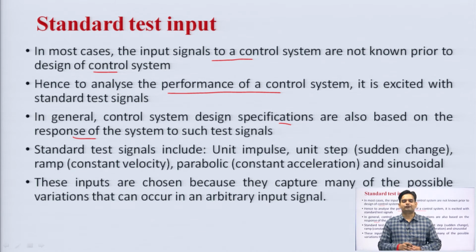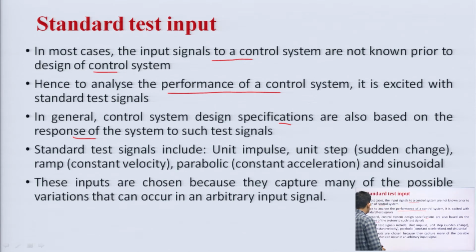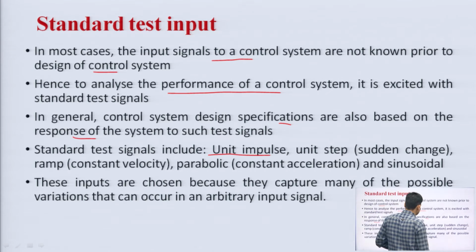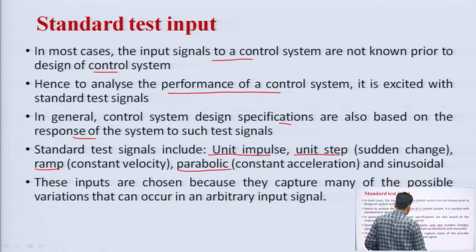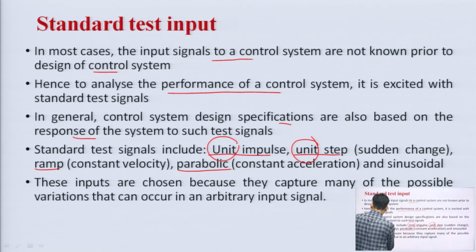For that purpose, we need to apply certain standard test inputs, okay, which will check the performance of my system, right. So, generally standard test signals include unit impulse signal, unit step signal and unit ramp signal, and sometimes unit parabolic signal. Okay. So, we are applying the term unit in every signal, right.